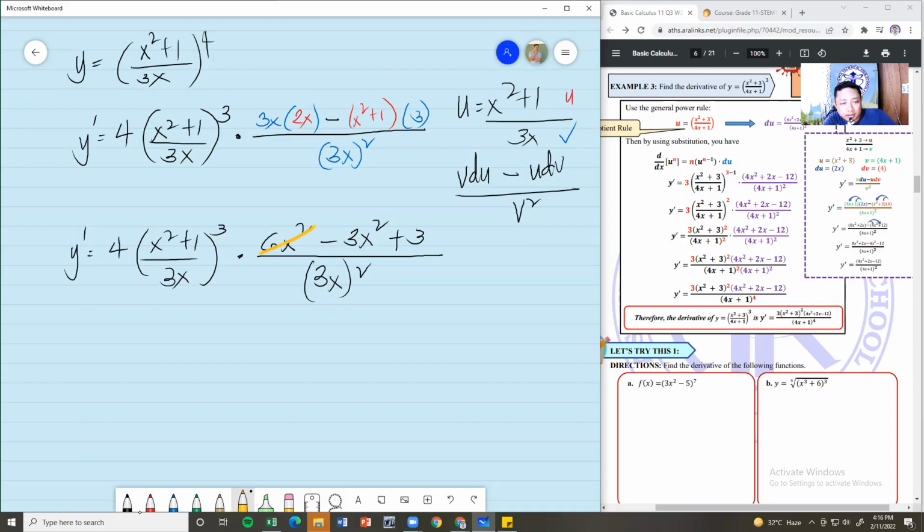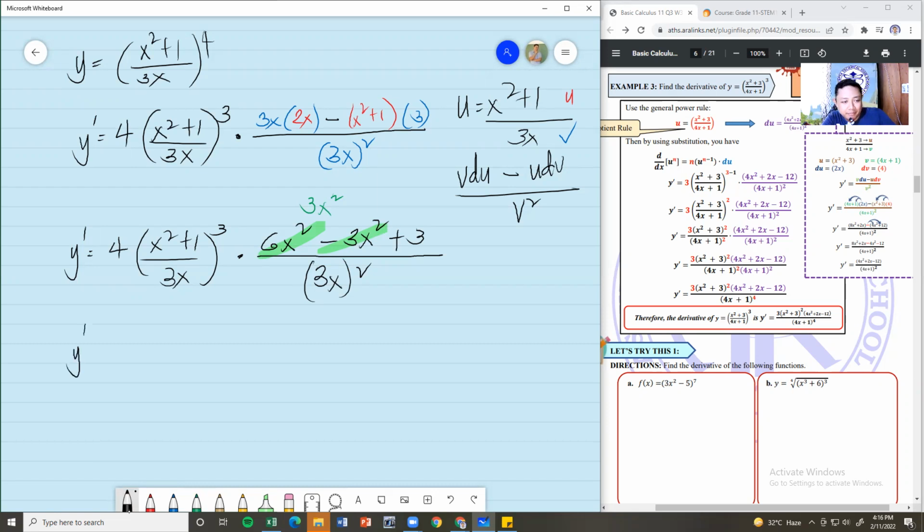Look at this. 6x squared minus 3x squared will be equal to 3x squared. Can you follow? Because they are both squared. So now, let's put this into one equation.